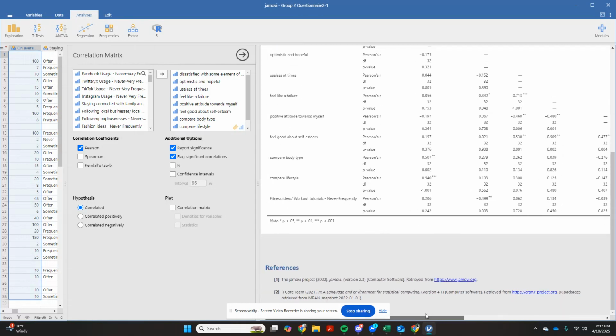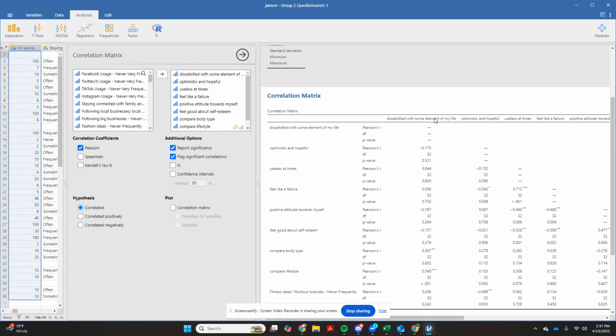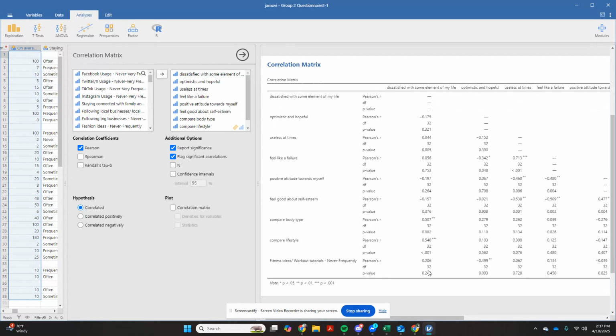Now when we come down here, what you'll see is we do have some positive correlations between things like I compare my body type on social media and I'm dissatisfied with some element of my life. That's pretty huge that you have a significant correlation there, right? You can do a lot of dialogue about what this could mean. Same thing, I compare my lifestyle and I'm dissatisfied with some element of my life.